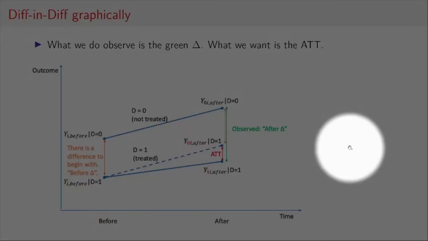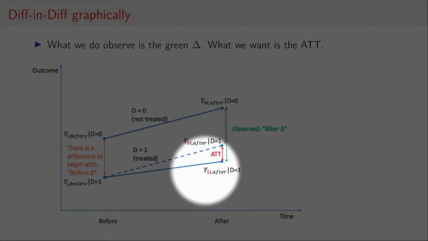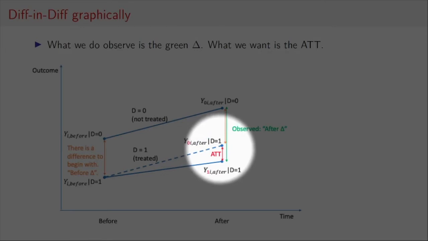What we actually observe instead is this. We observe the y for the treated given that they were treated after the treatment. And the average effect of treatment on the treated is the difference, again, between this actual y1 that happened for the treated group and the potential y0 that would have happened for the treatment group if they had not been treated.